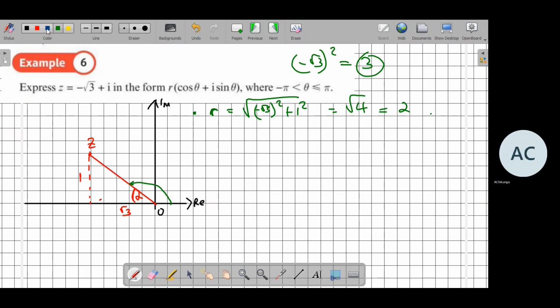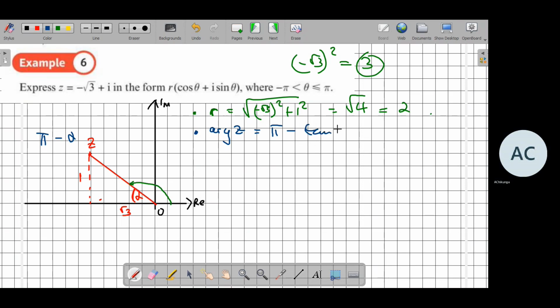Second, we want to find theta. So how do we find theta? We say the angle here, we can just write it as pi minus alpha. Simple. So in this case, I'm going to say the argument of z is pi minus alpha. But how do we find alpha?